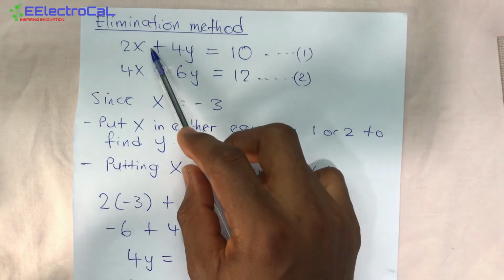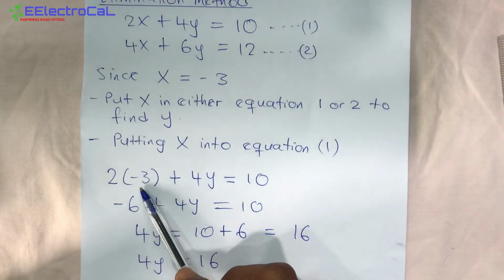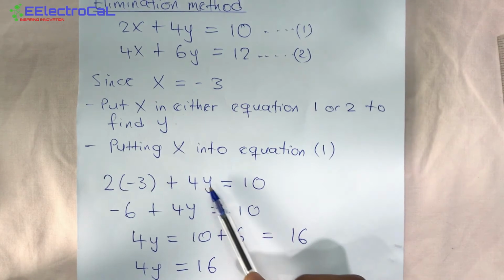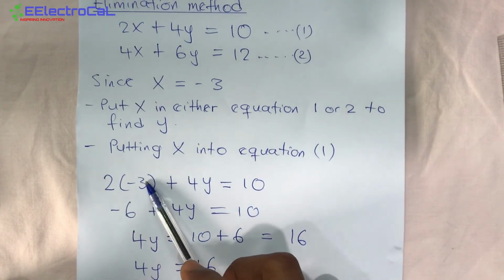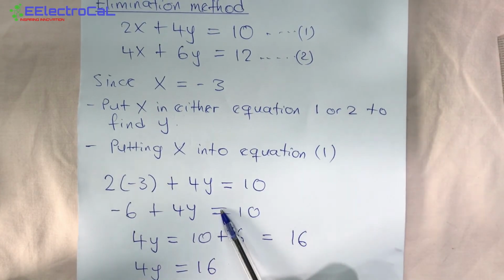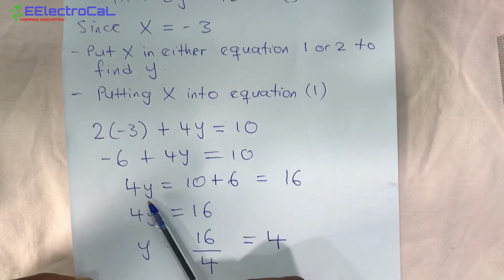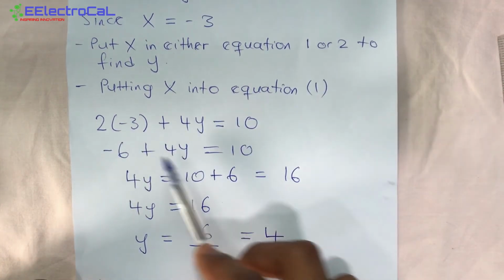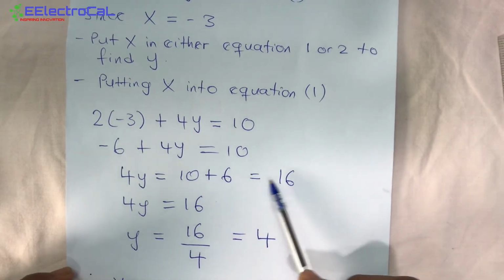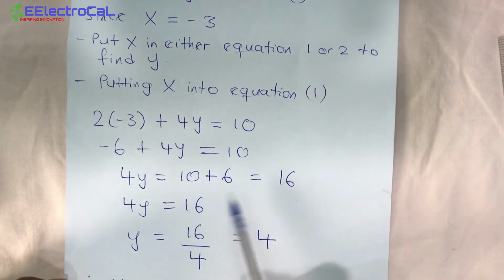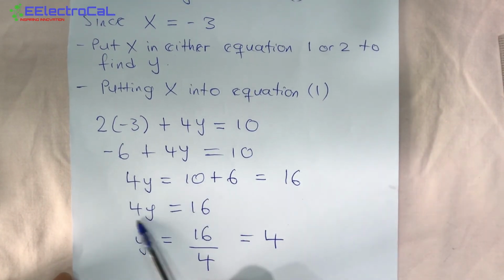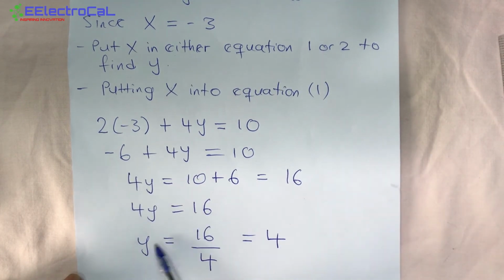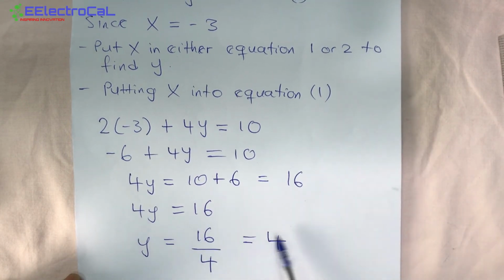So we have 2 times minus 3 plus 4y equals 10. This gives minus 6 plus 4y equals 10. So 4y equals 10 plus 6, when the minus 6 crosses the equal sign, which is 16. Then dividing both sides by 4, y equals 16 divided by 4, and that gives 4.